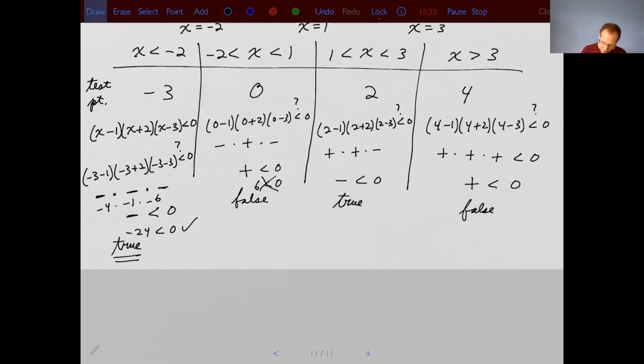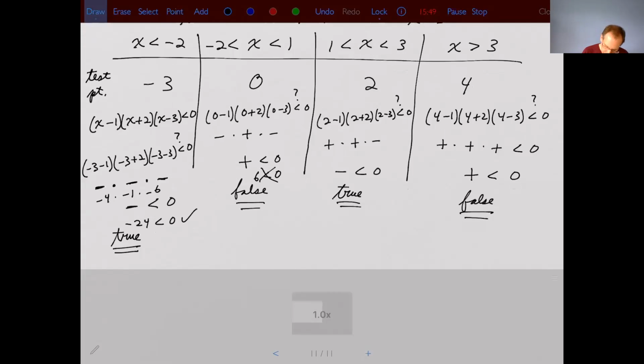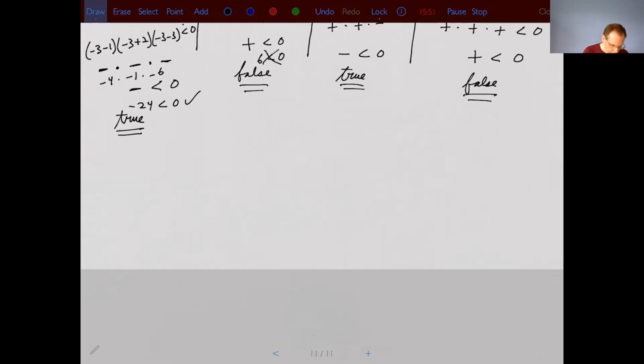Okay, so it looks like it's only true when x is less than -2 or when x is greater than 1 and less than 3. So the solution here is going to be when x is less than -2 or x is greater than 1 and less than 3.